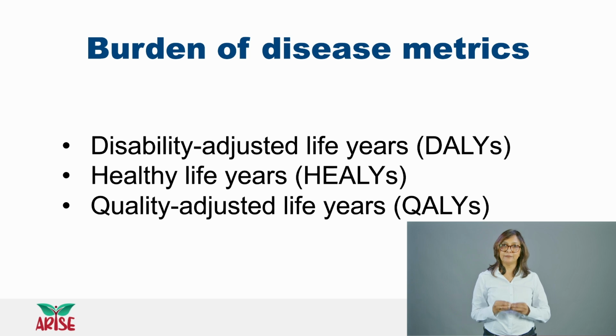In public mental health, we often use the findings of the Global Burden of Disease or GBD study, which publishes new estimates every 1 to 2 years. This study uses DALYs, which combine years of life lost with years lived with disability. So let's have a closer look at DALYs and the GBD study.